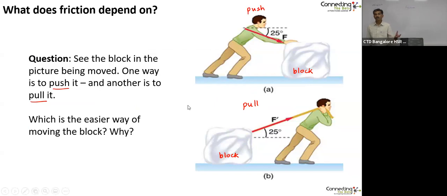So there are two ways of moving the block. One is to push and the other is to pull. The pictures are given here. So my question is, which way is easier? You're moving the block by pushing it, you are moving the block by pulling it. Now which of these two will be easier and why?